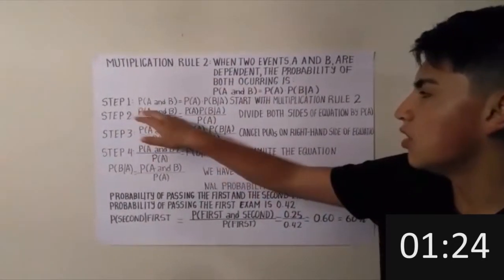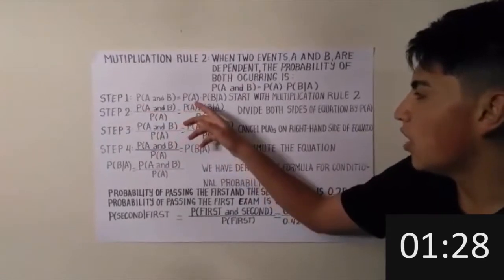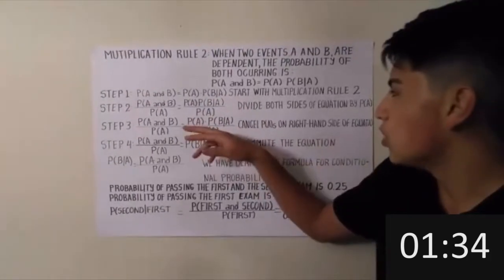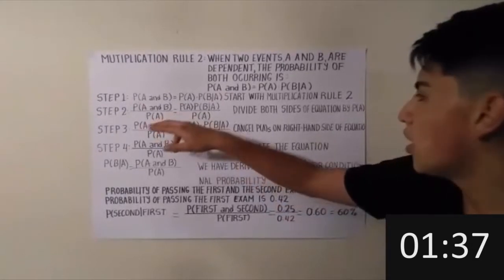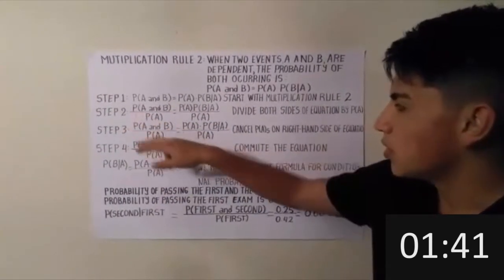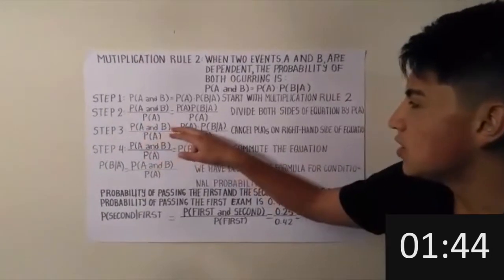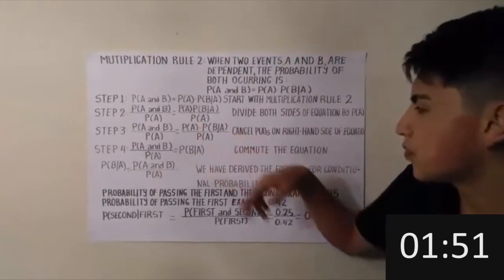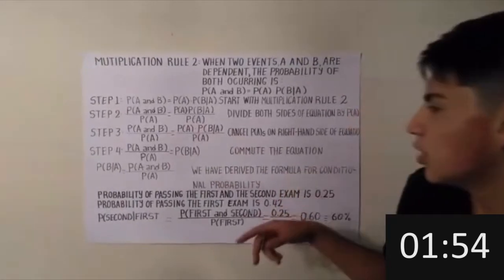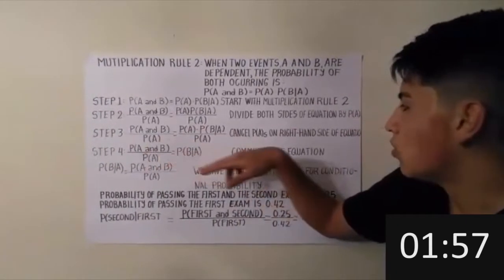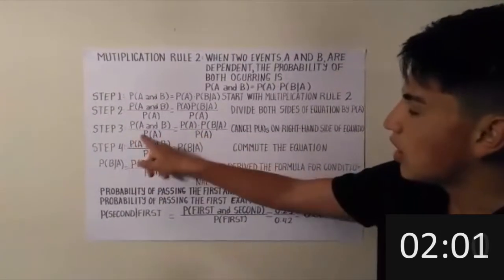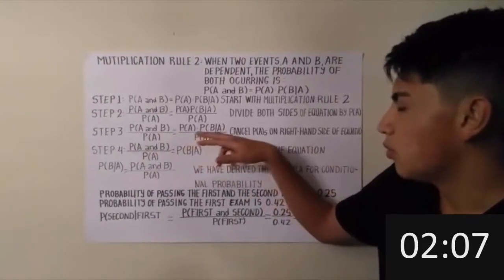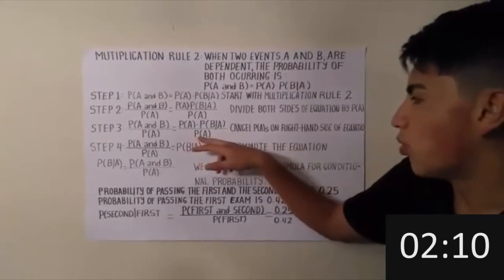So we have the probability of A and B is equal to the probability of A multiplied by the probability of B given A. In the second step, we divide both sides of the equation by the probability of A. So we get the probability of A and B over the probability of A is equal to the probability of A multiplied by the probability of B given A over the probability of A. In the next step, we cancel the probability of A's on the right hand side of the equation, and we obtain the probability of A and B over the probability of A is equal to the probability of B given A over the probability of A.